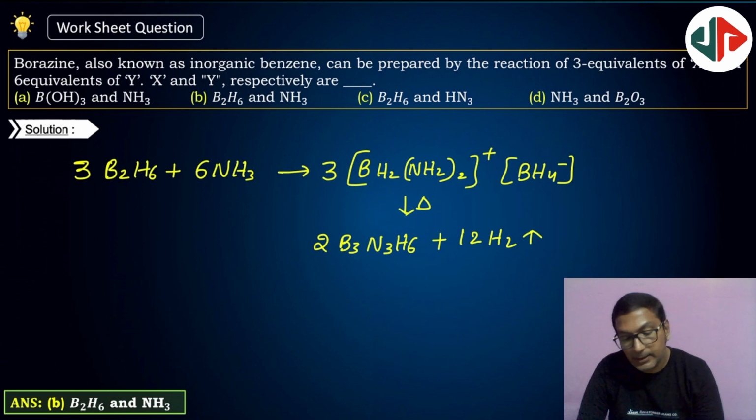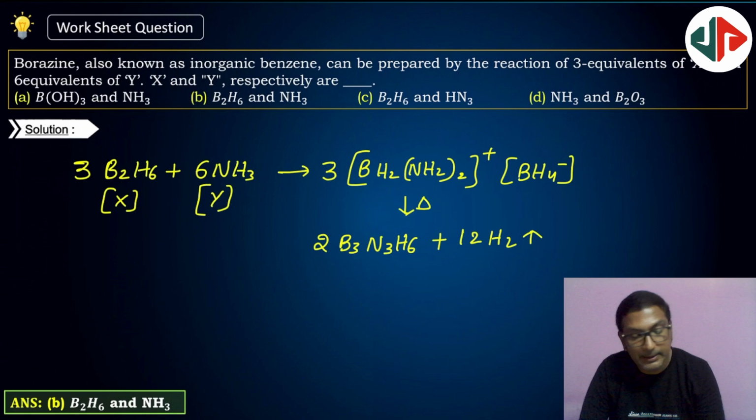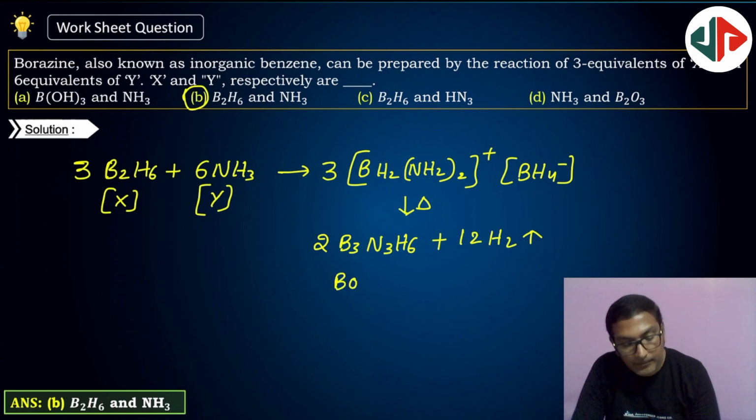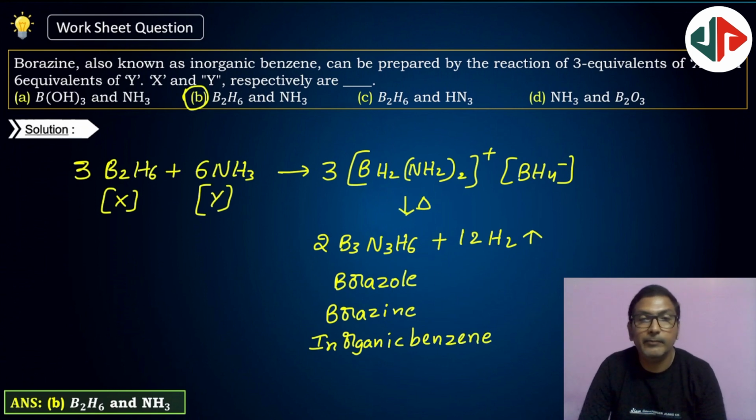So here this is X and 6 equivalents of Y, this is Y. Therefore B2H6 and NH3, option B. This is nothing but preparation of inorganic benzene or borazole or borazine. Remember these names. Next.